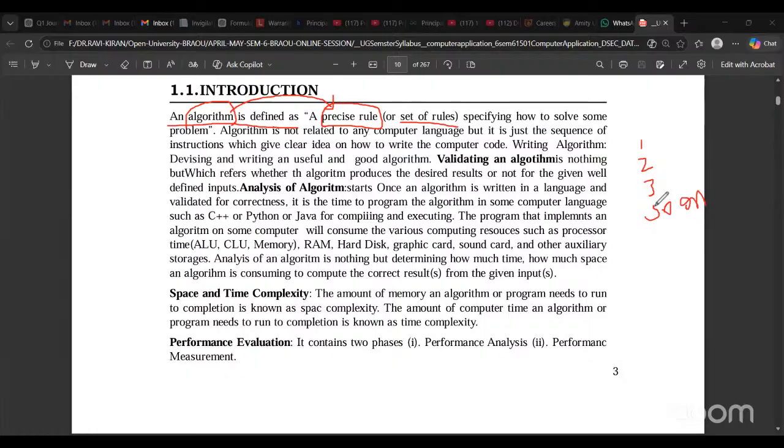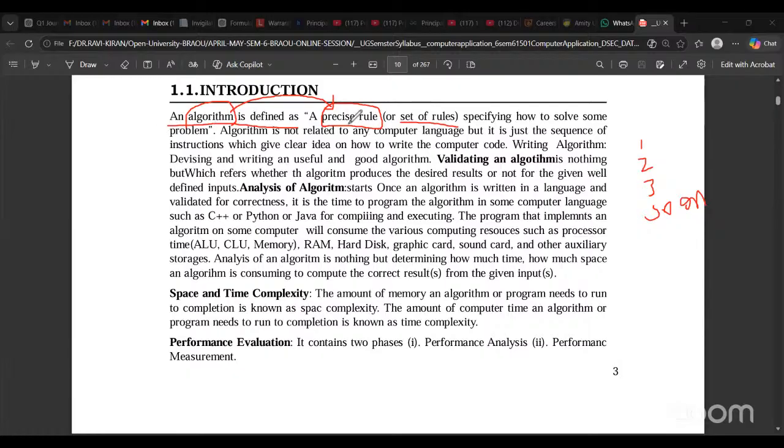The rules are countable. It is not that they are uncountable or unlimited rules. Clear?